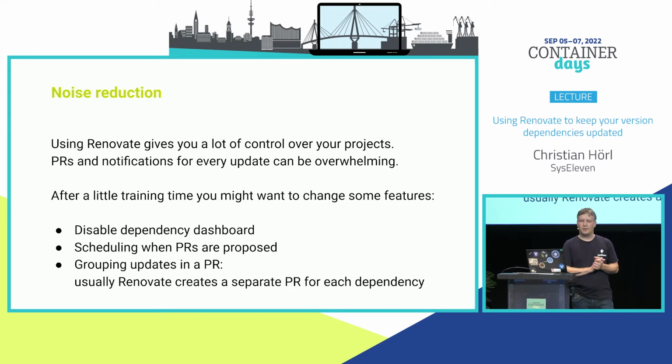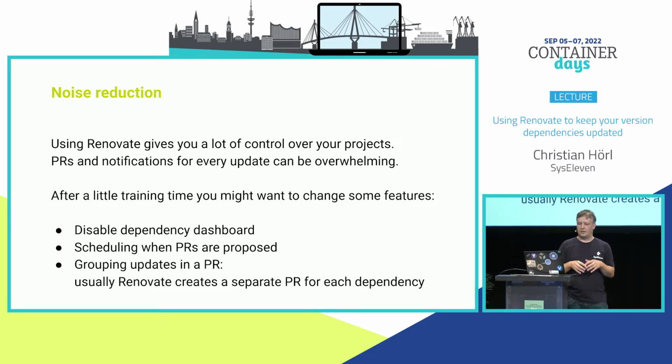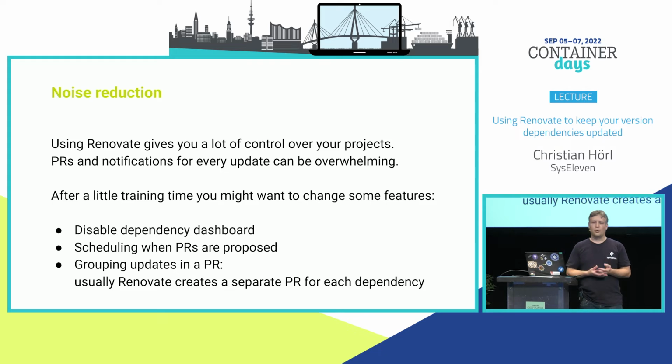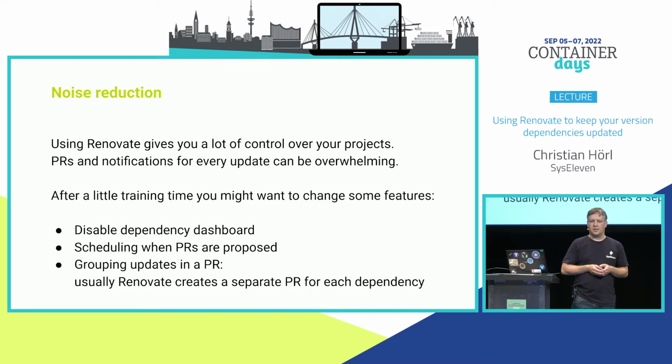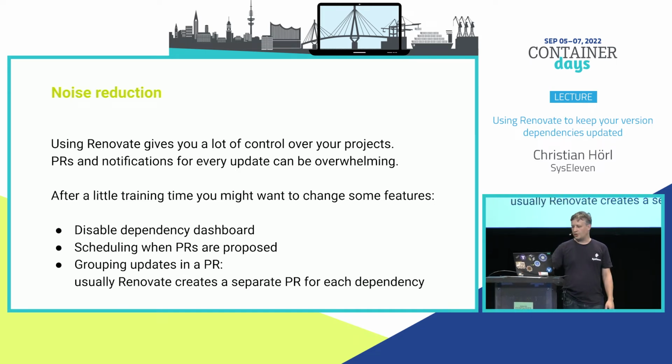So maybe you want to disable the dependency dashboard later on, or of course, schedule at what point in time pull requests are being processed and proposed. So we have a little bit of an overview in time. Also, you can try grouping your pull requests so you don't have so many notifications on your system.